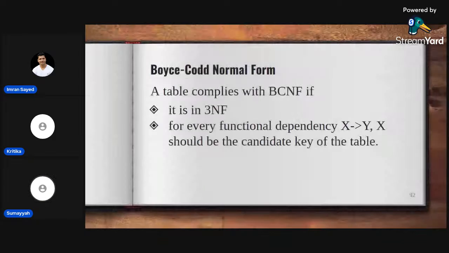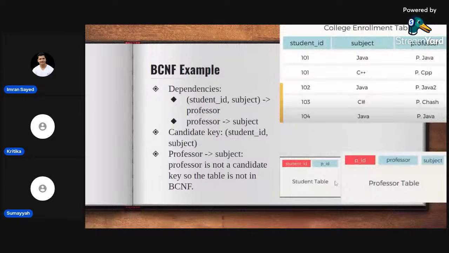Boyce-Codd normal form: a table complies with BCNF if it is in 3NF, and for every functional dependency X determines Y, X should be a candidate key of the table. So in this example, we have student ID, subject, and professor.